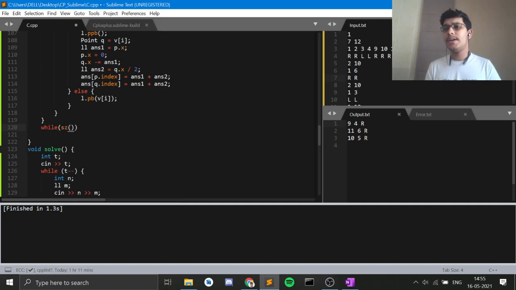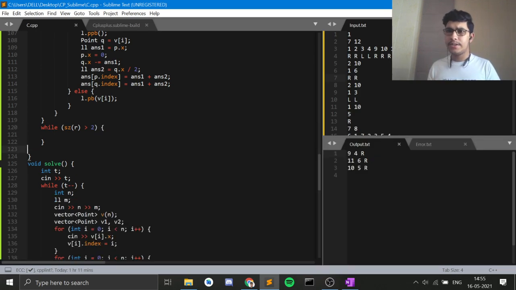So while size at R is greater than 2, and then after this we will try to merge the L and R. So point P equals R at size at R minus 1.